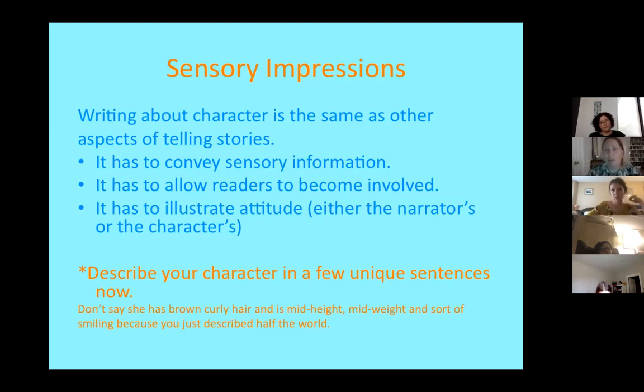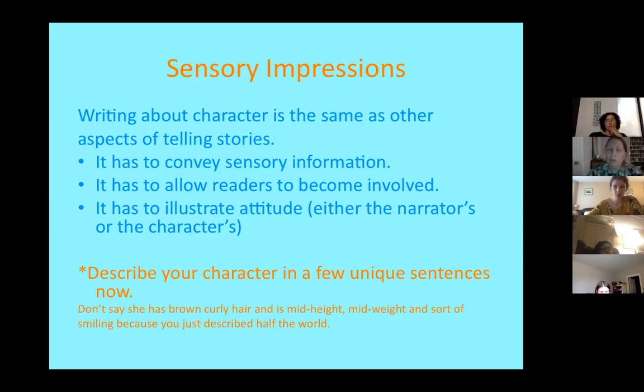He's not a nice man. You add them in with your own version of what's scary. And so that's another way that writers can do that. So we're not going to address that right here. That would be my master's level class. But that is a possibility, right? That's something that you can do. So it also illustrates attitude, either the narrator's attitude or the character's attitude about things.